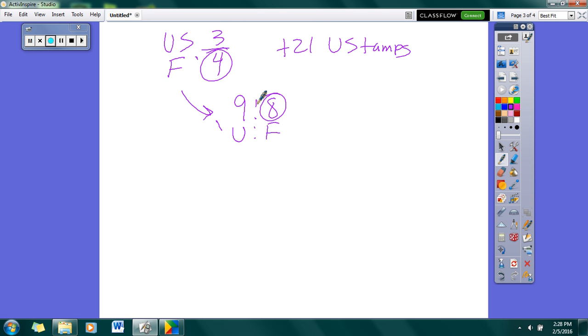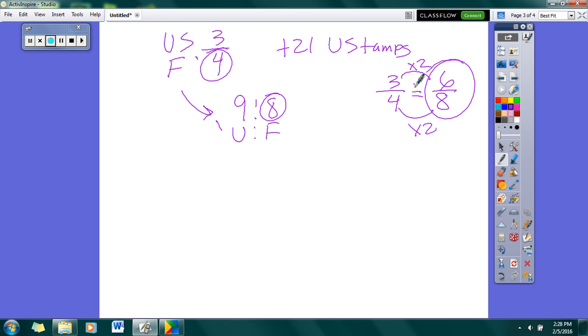It stays exactly the same. So if I have 3 over 4, I need that to be equal to 8. I have to multiply this by 2, and multiply this by 2, and I get 6 over 8. So this would be an equivalent ratio if nothing changes.